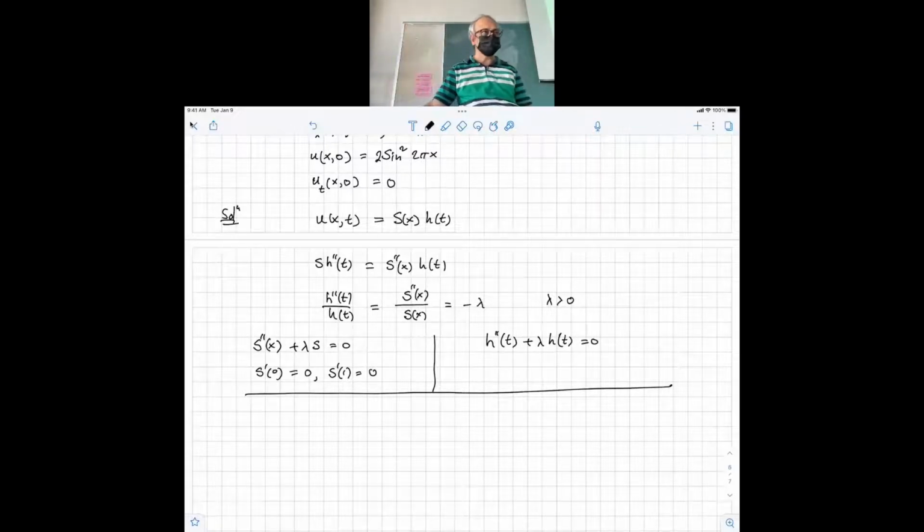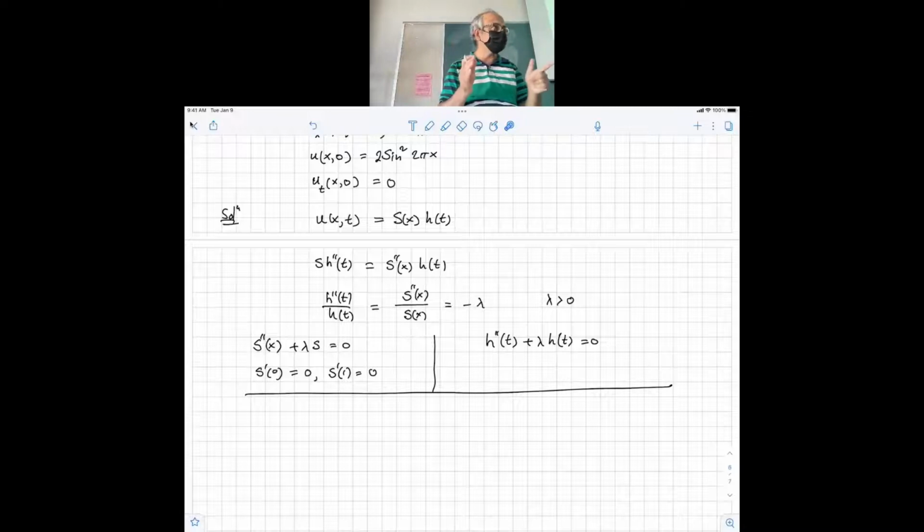eigenfunctions. So by looking at this eigenvalue problem, it is a second order ODE with lambda positive. So the solutions are sines and cosines. So we can work out a constant times sine plus a constant times cos, and by looking at the boundary condition we can figure out, well, the derivative boundary condition. The derivative of sine will not vanish at x equal to 0 and x equal to 1.